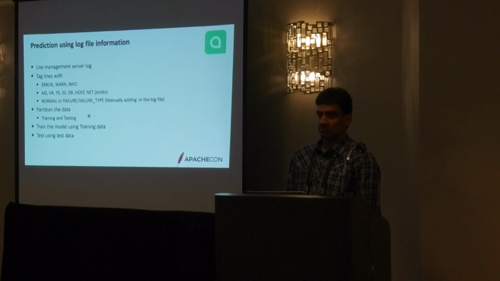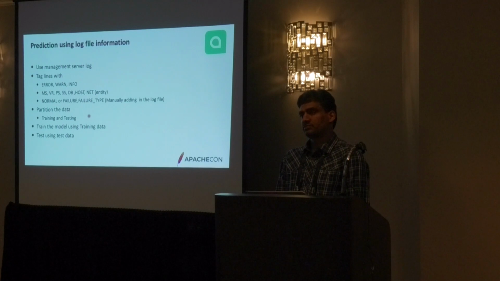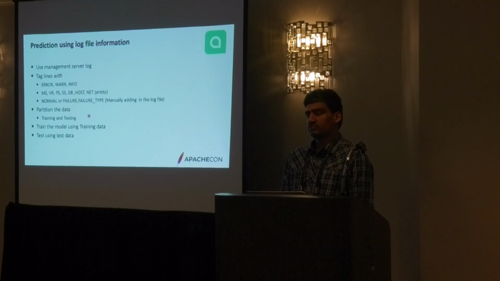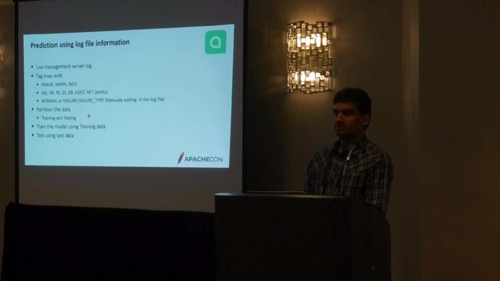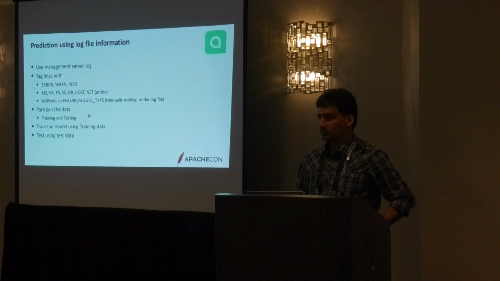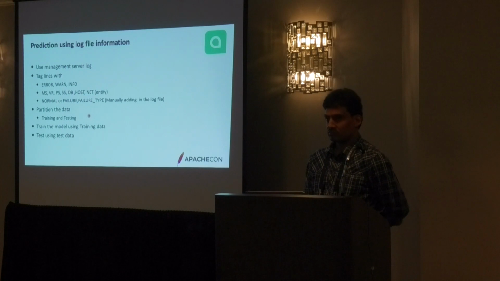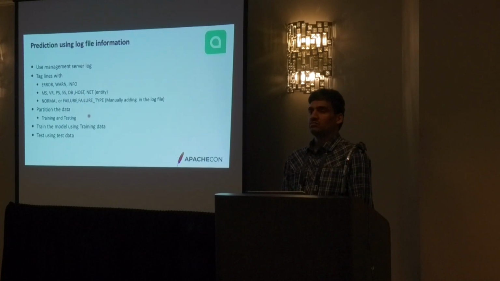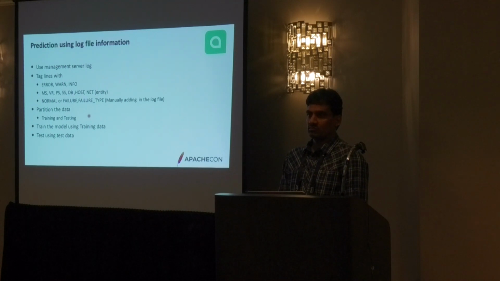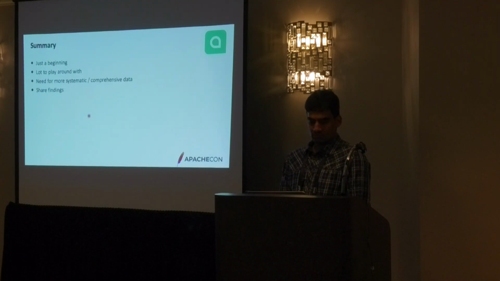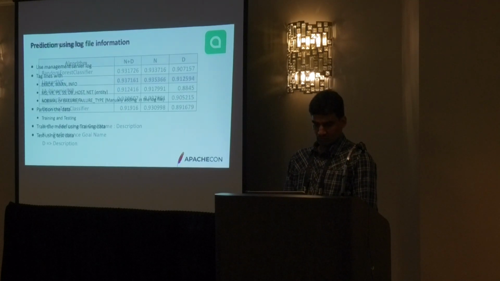Then we take all that and apply a few algorithms to see if we can predict which are the errors and which are not. Once we have that done, we can apply the live stream of logs to the model and see if we can predict the same thing. So that's the small part that we're focusing on right now.